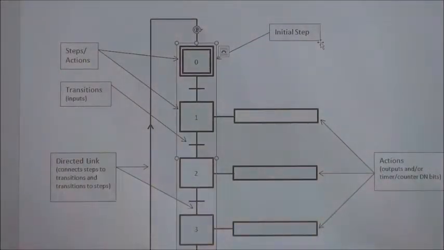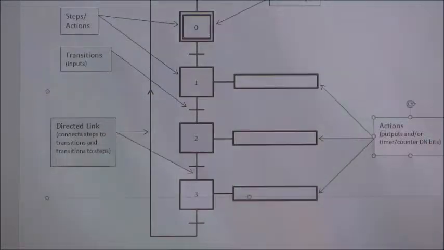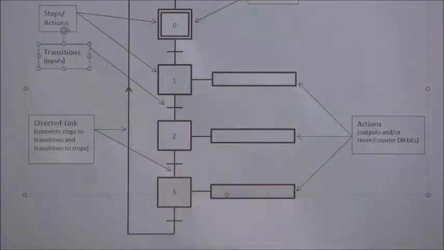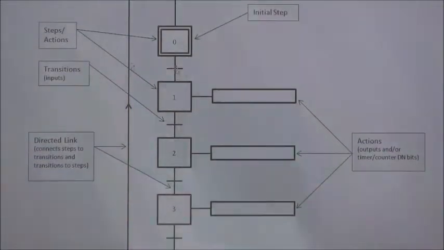The one on Blackboard, I think I had, actually this one too, I didn't correct this one either. I need to take this out of actions over here and put timer, counter done bits, those should be in transitions. Make a note of that. Transition, it says inputs. It should say inputs and timer and counter done bits.